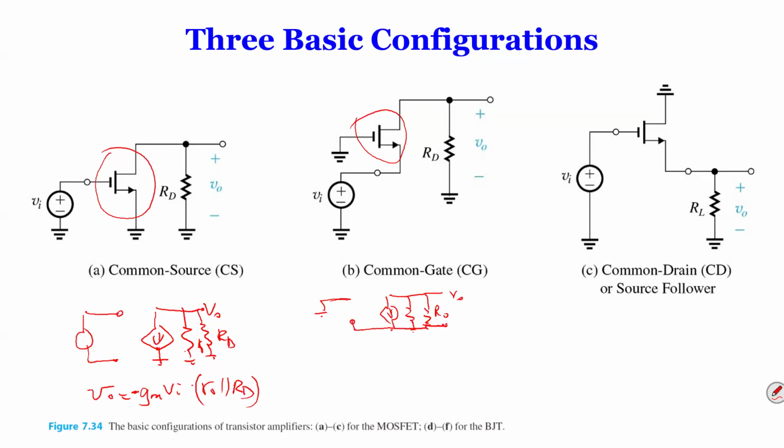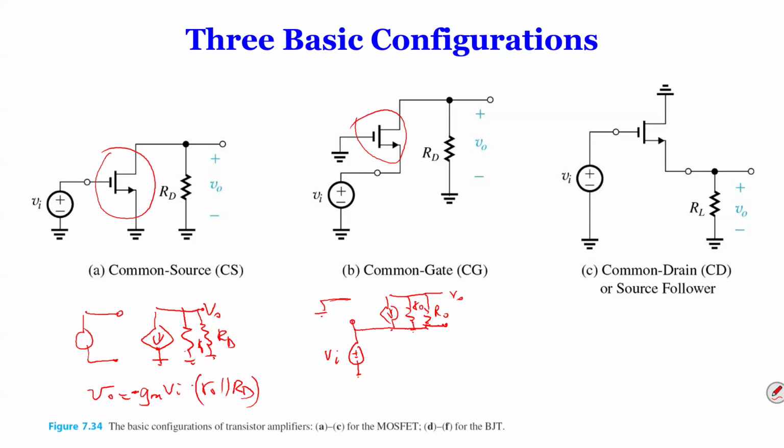In this case, you have the gate grounded, and you have the drain connected through RD to ground. So you have that one done. But then where is the source connected? Well, the source is no longer grounded in this case, but actually it's connected to the input. So what you're doing is you have an input connected to the source.